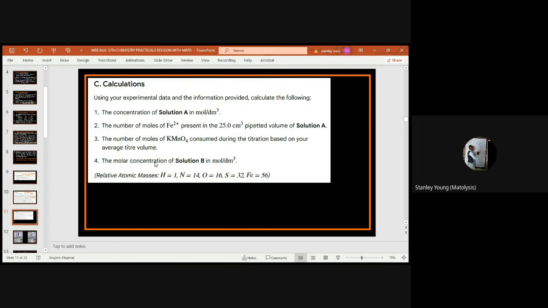Then they also provided you the atomic masses of the elements present.